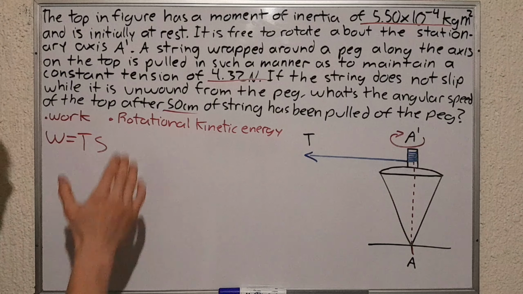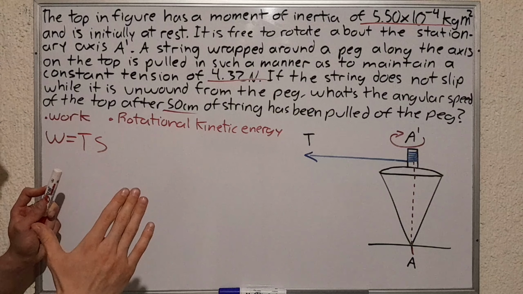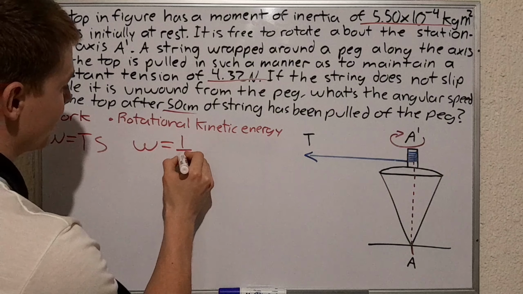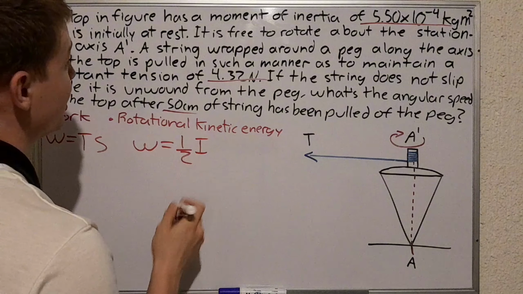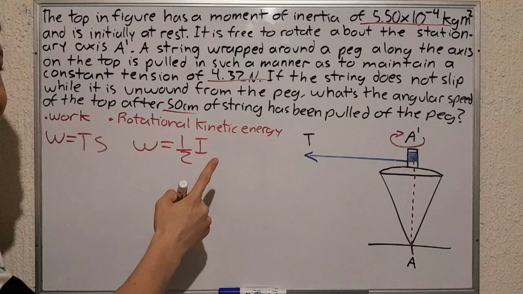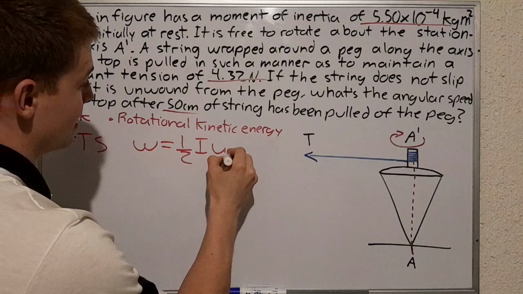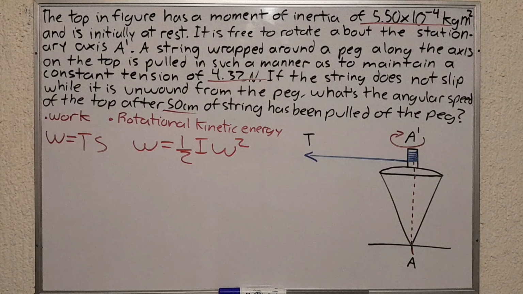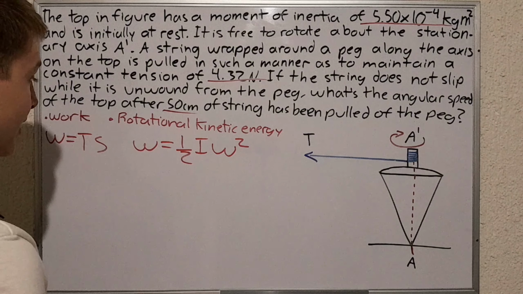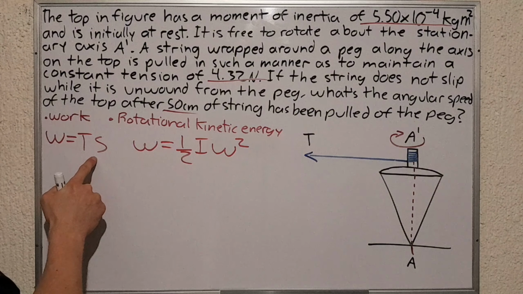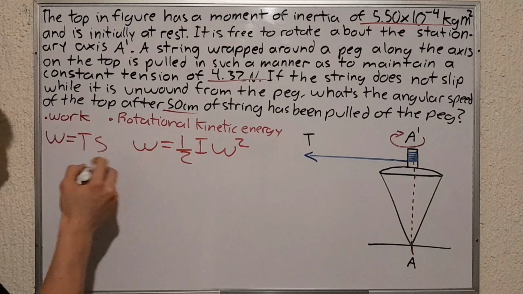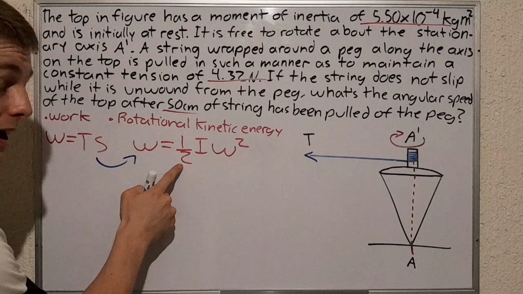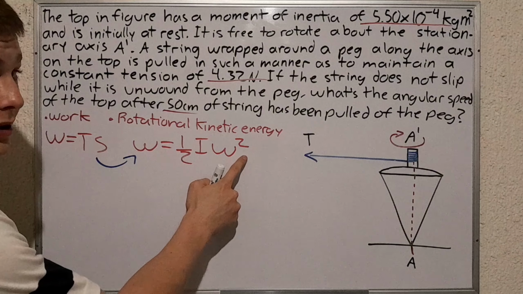Now, rotational kinetic energy says that W would also be equal to half of the moment of inertia times the angular speed squared. So if we do this, TS is equal to one half of I times W squared.